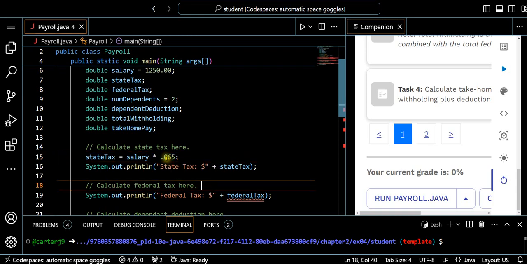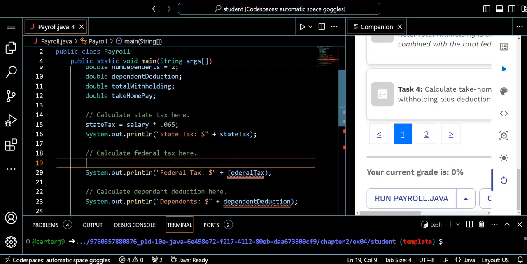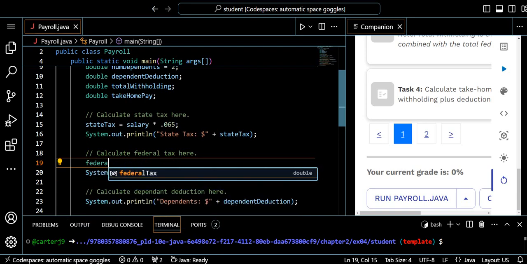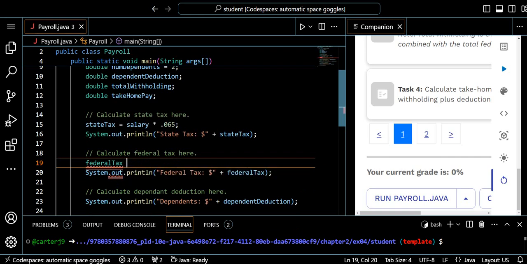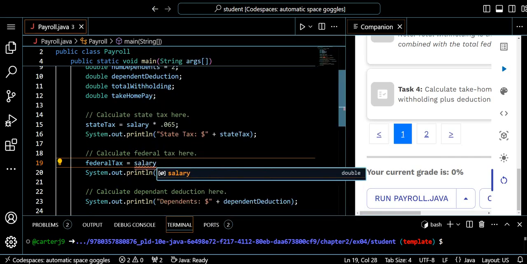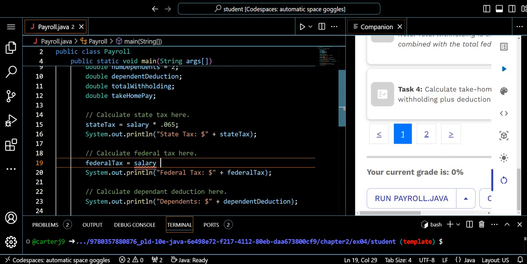Federal tax, let's go down here. You notice this is 0.065, so 6.5% is 0.065. Right? Calculate federal tax. So federal tax equals salary times 0.28.